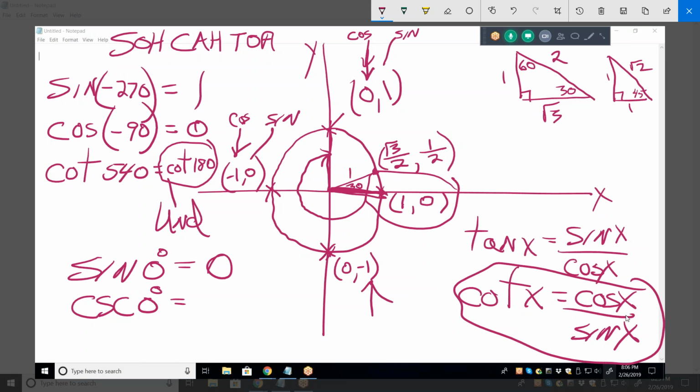In other words, if the sine of 0 is 0, this 0 is in the numerator. So when I take the reciprocal of it, it's going to go to the denominator, and it doesn't matter what I have in the numerator. That's undefined. I can have 1, 2, 3, or 1,000,000. Undefined. So whenever one of your primary trig functions is equal to 0, its reciprocal is always undefined.